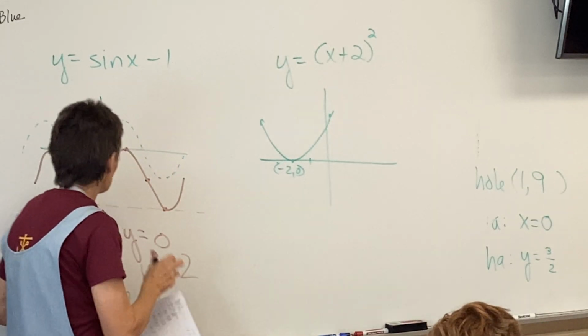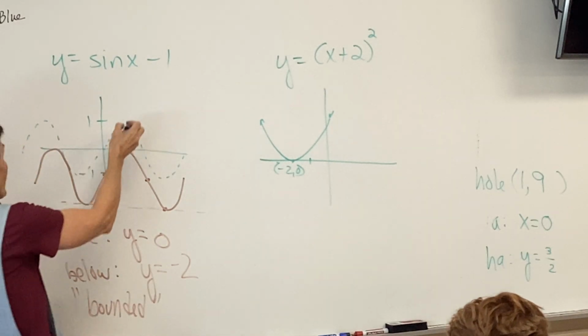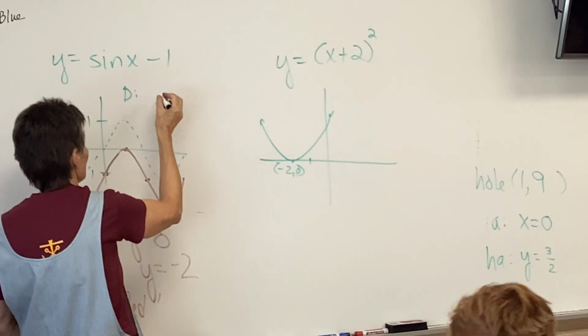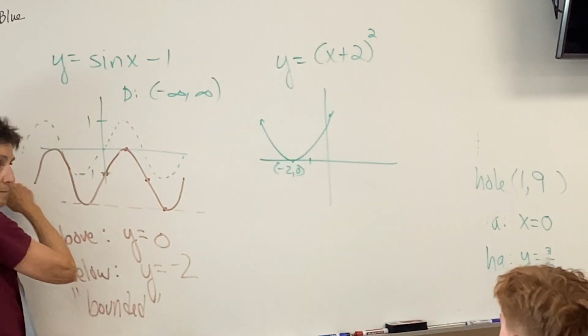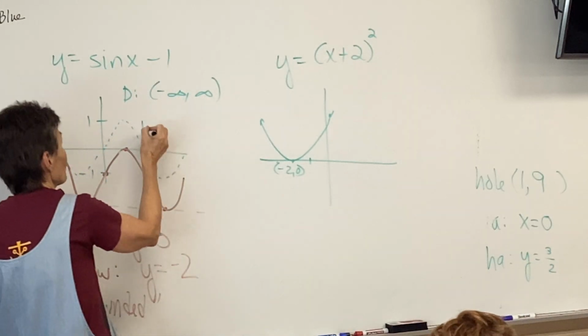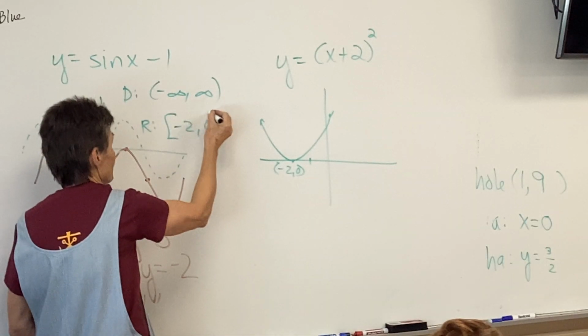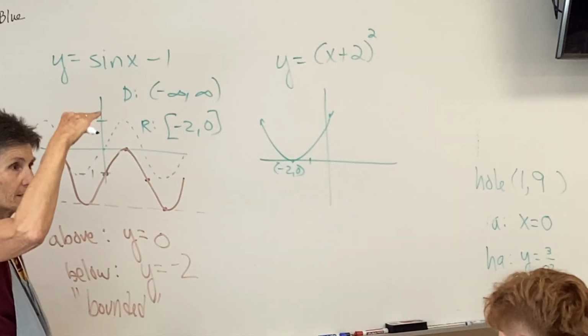Oh, wait. I never stated my domain and range over here. So what's my domain for the sine? Domain is everything. Doesn't it keep going? But the range for this picture is -2 to 0. Down to -2, up to 0.